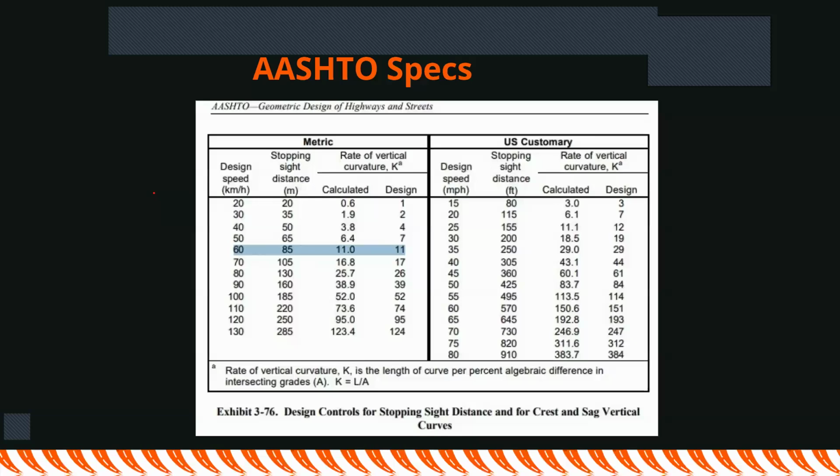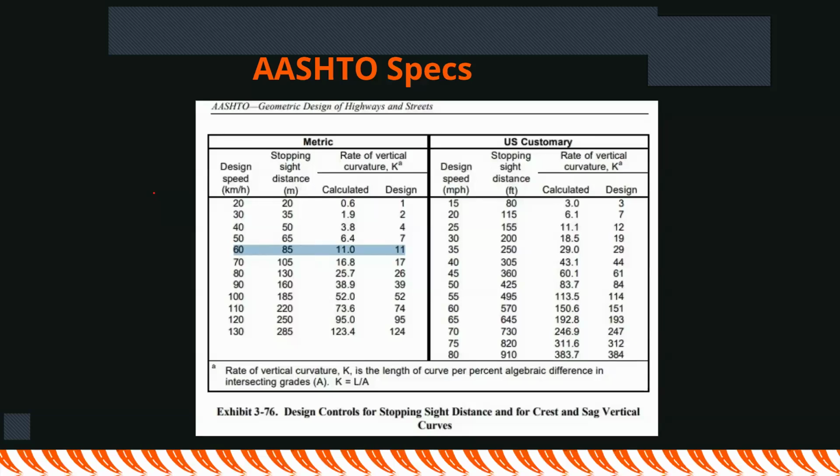Let's say we are designing a curve at a design speed of 80 kilometers per hour. We are operating on minimum conditions for now, just to help you visualize.